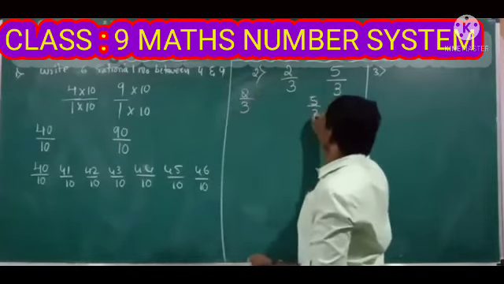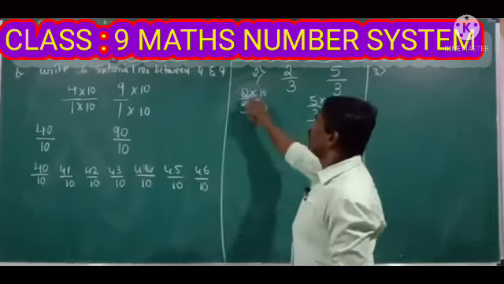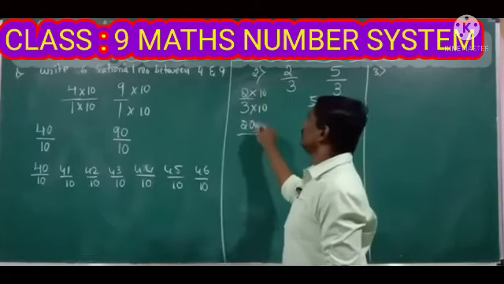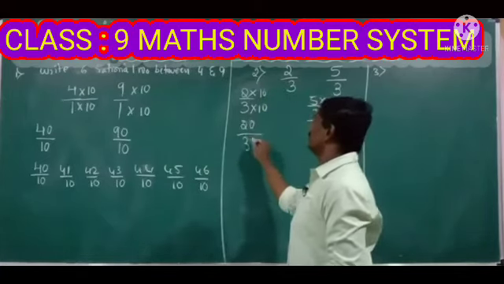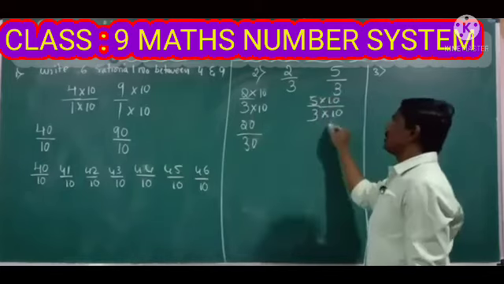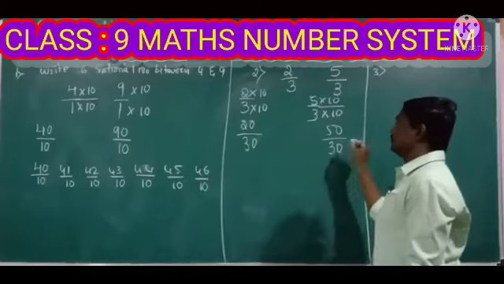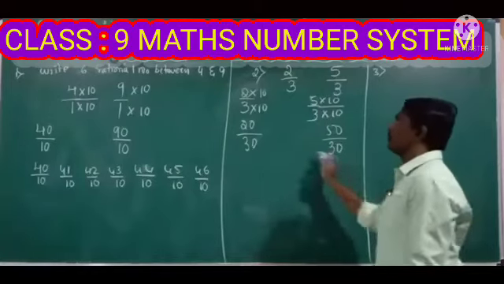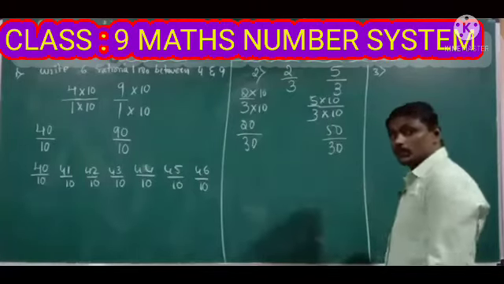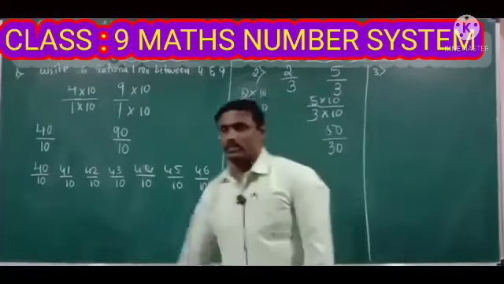Now I am multiplying 10 for these two fractions, for both numerator and denominator. Now 10 2s are 20, 10 3s are 30, 10 5s are 50, 10 3s are 30. Again we have two same denominators.